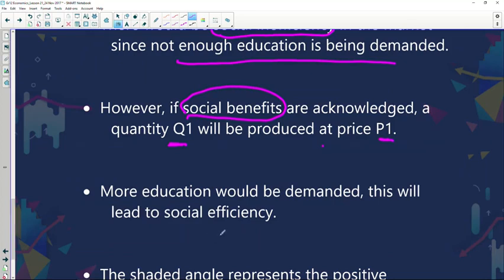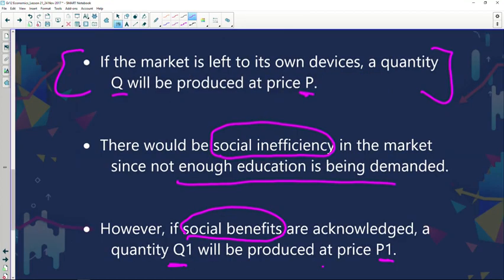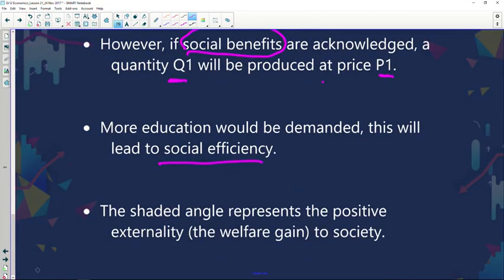So more education would be demanded, and this will lead to social efficiency, which is a good state to find ourselves in, because then there are more people actually going to school. Then the shaded area represents the positive externality, which is the welfare gain to society.